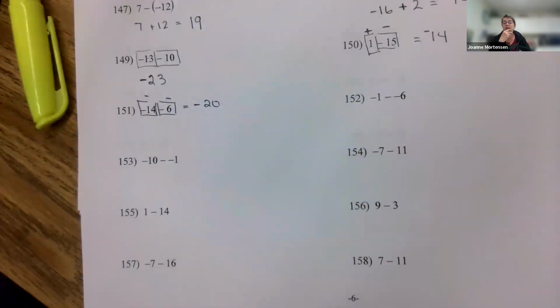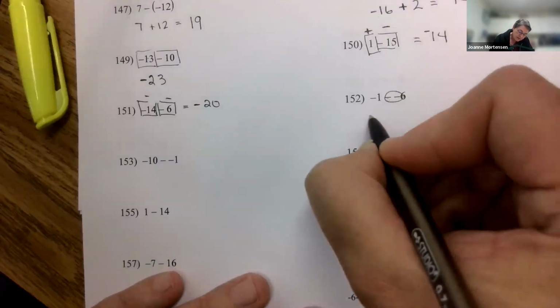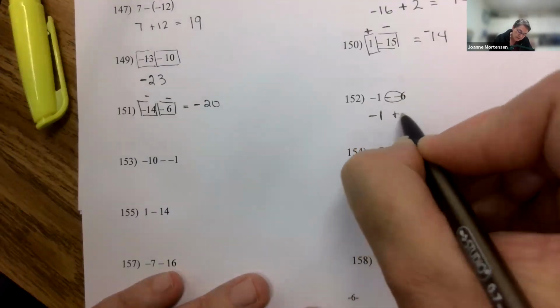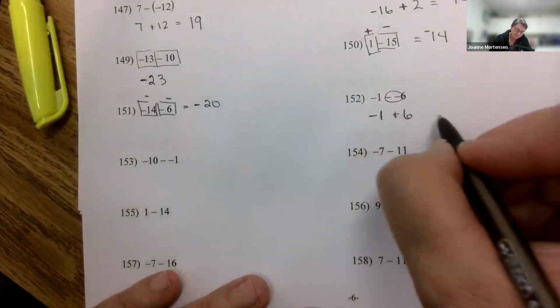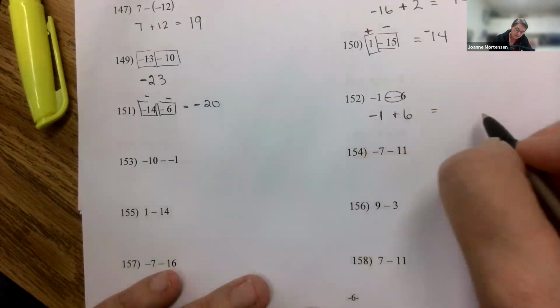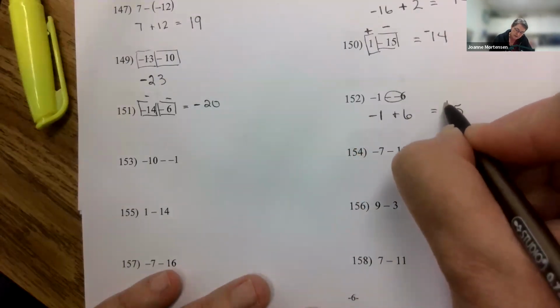So again, depending on what software I use or where this comes from, the questions can look slightly different. But it's going to be minus 1 plus 6. My signs are different, so I'm going to just subtract. Take the sign of the bigger one.